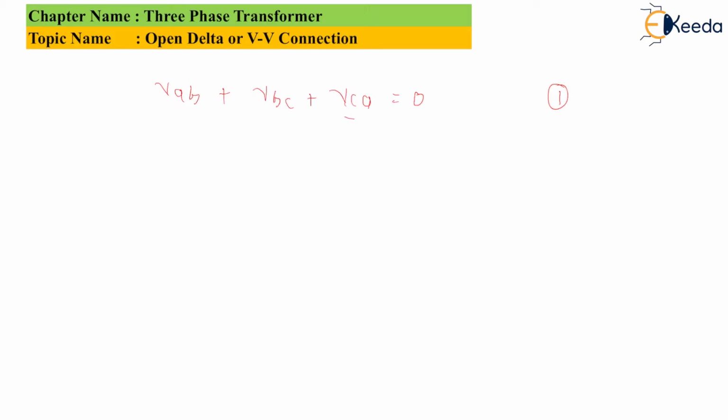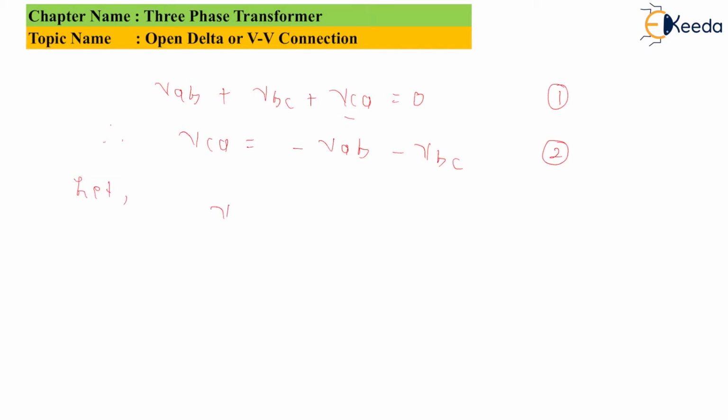Let it be equation number 1. Now if I want to find the value of vca, I will simply rearrange this equation. So we get vca is equal to minus vab minus vbc. Let it be equation number 2.